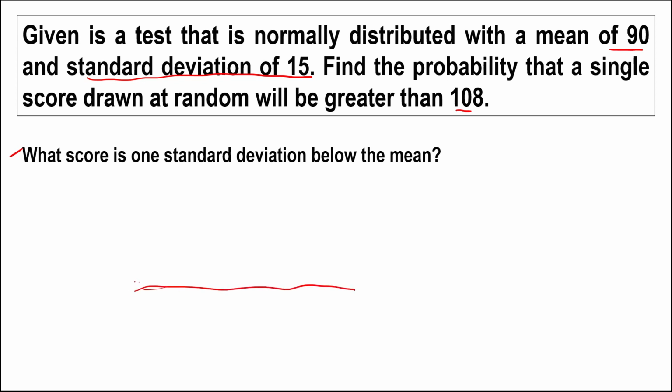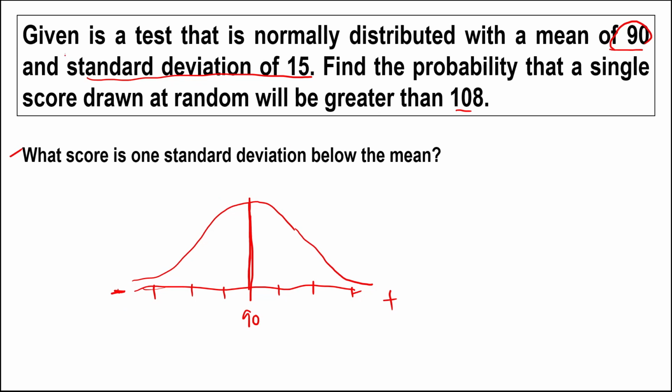So in a normal curve, take note that the mean is the center of the curve. Since the given mean is 90, this side is positive and this side is negative.